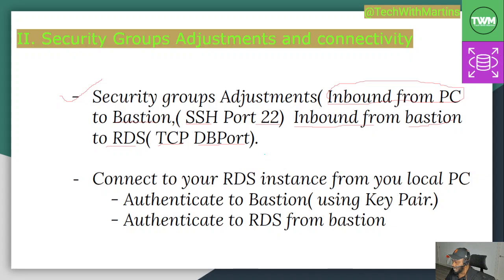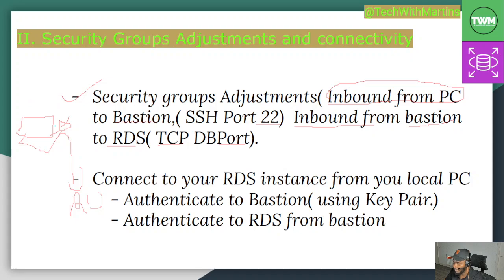For connectivity, remember we need two authentications here. We need to authenticate to our Bastion host, which is a server, and from the server, we authenticate to the RDS instance, which is in the private subnet. How do we authenticate to an EC2 instance? We use the SSH command and a key pair.